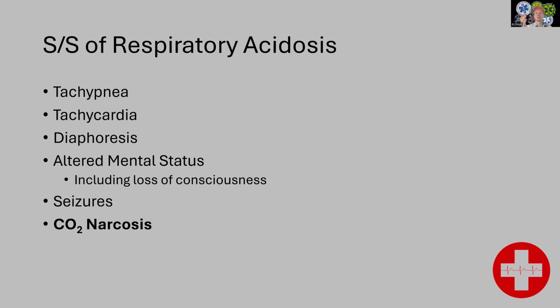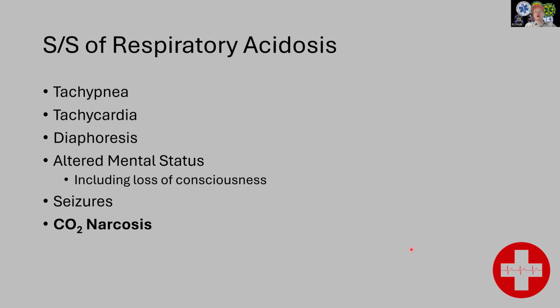This is not a required video. I probably should have said at the beginning. CO2 narcosis is acidity in our body relative to the buildup of CO2 secondary to a respiratory process. CO2 narcosis. And all of these things are what we used to think was caused by the hypoxic drive.